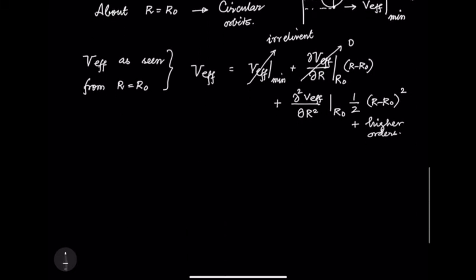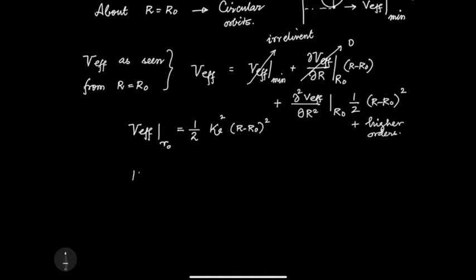So V effective as seen from R naught is half of something, let's call this kappa square, times R minus R naught square.